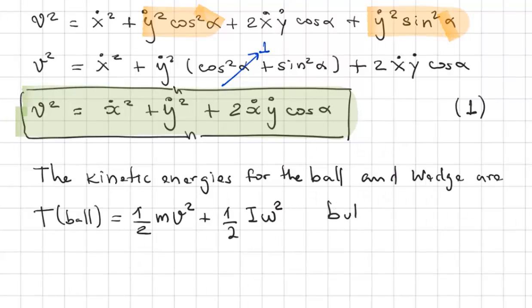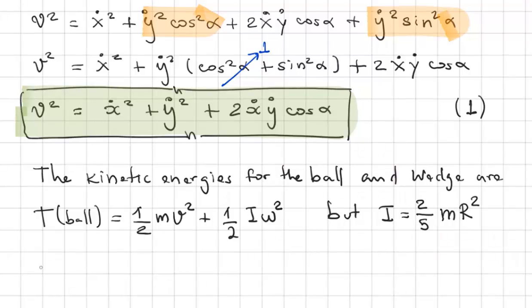But because we have a solid sphere, the moment of inertia for a solid sphere is 2/5 of the mass multiplying the radius squared, okay?